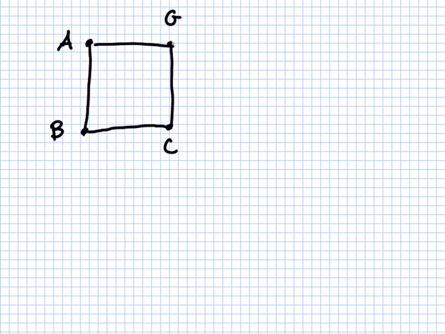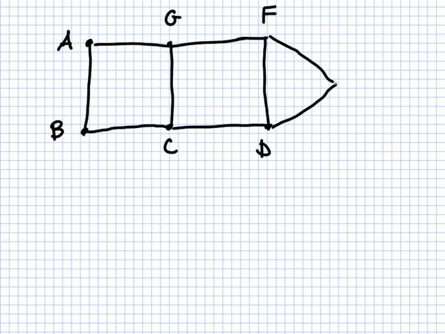Okay, let's have a look at this. Now, what this diagram has is 2 squares. So these are squares, so these are all 90, and they're the same square.